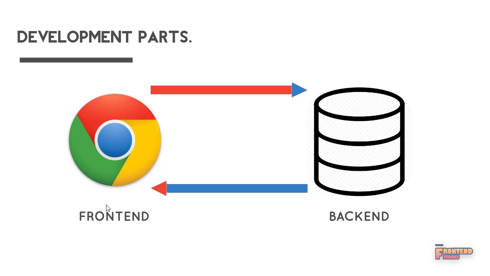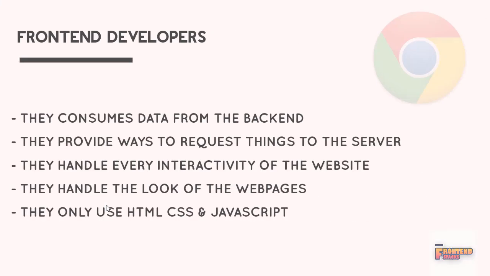So let's talk about front end developers, those people who handle the front end when it comes to projects. They consume data from the back end, which is sent from the back end, and they present it to the users. They structure the data very well and present it nicely for the users of the website.